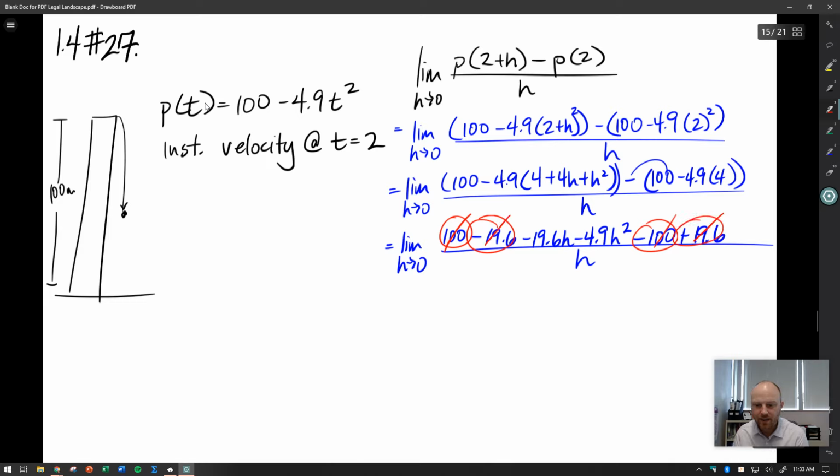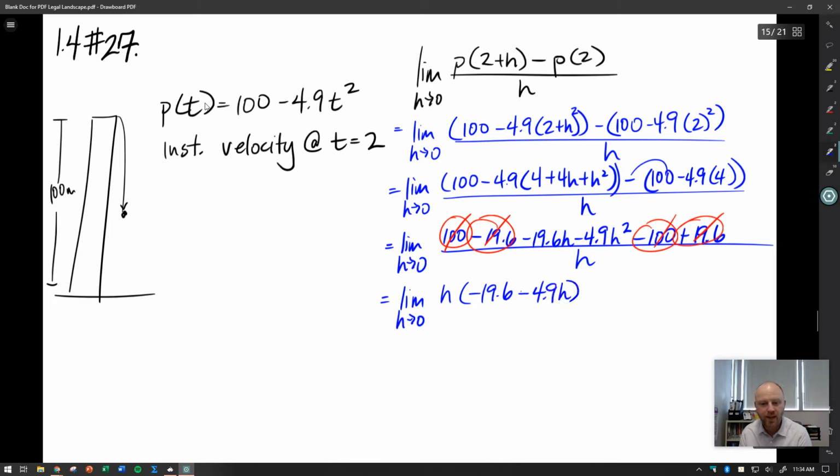That makes 0. And of the remaining two terms, negative 19.6h and minus 4.9h squared, I believe that we can factor out an h. So let's do that in the next step. The limit as h goes to 0 of h times negative 19.6 minus 4.9h.